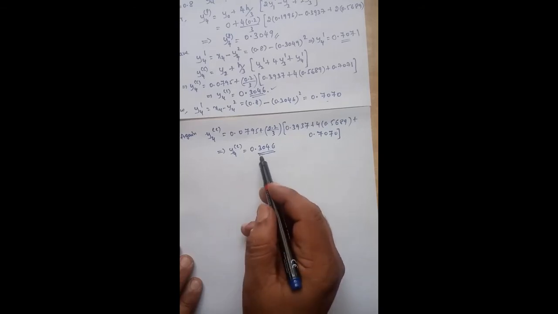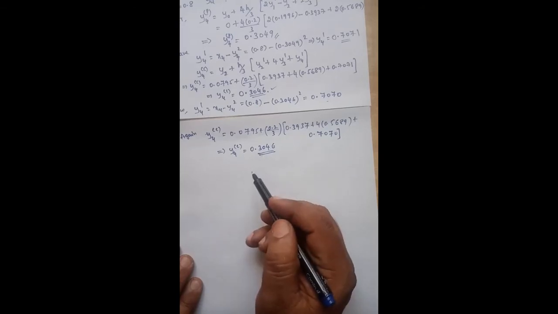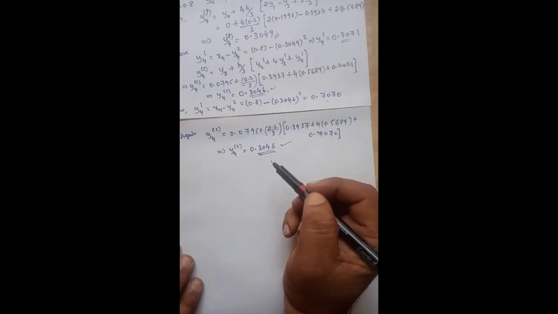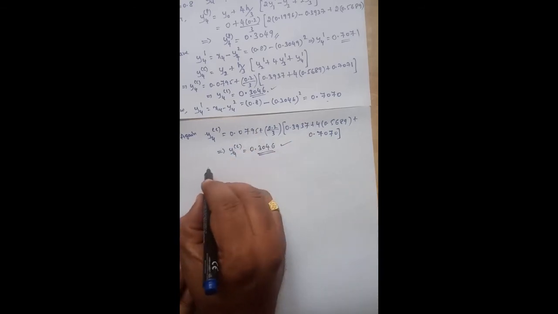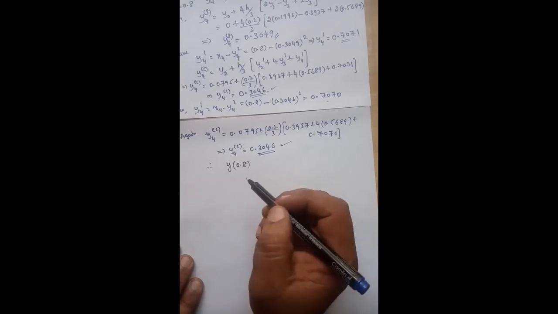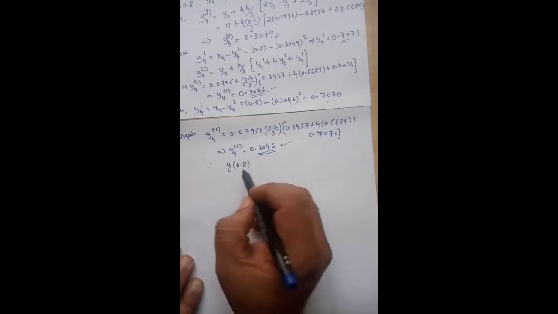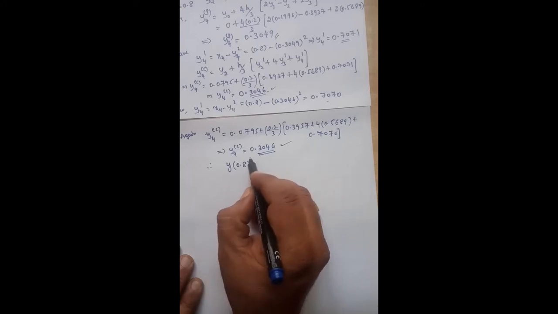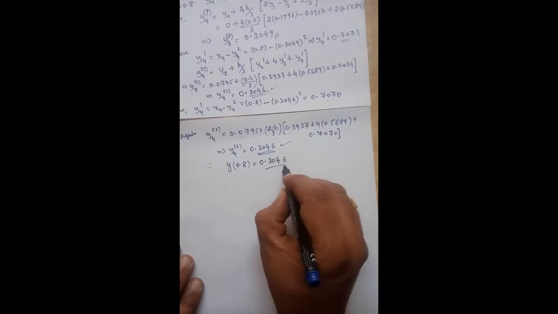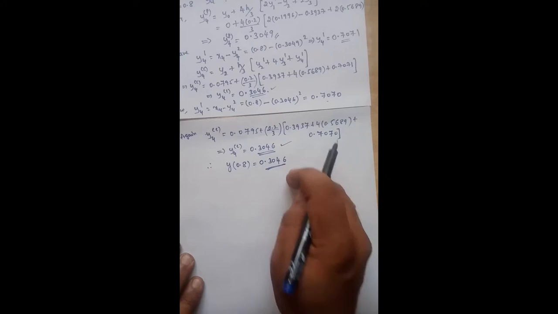So this is the second corrected value. Now if you compare two corrected values, both are same, right? So we can conclude that the value of y at x equals 0.8, the given value of x here, is 0.3046. So this is the required solution. This is how we can solve a problem by using Milne's predictor corrector formula.